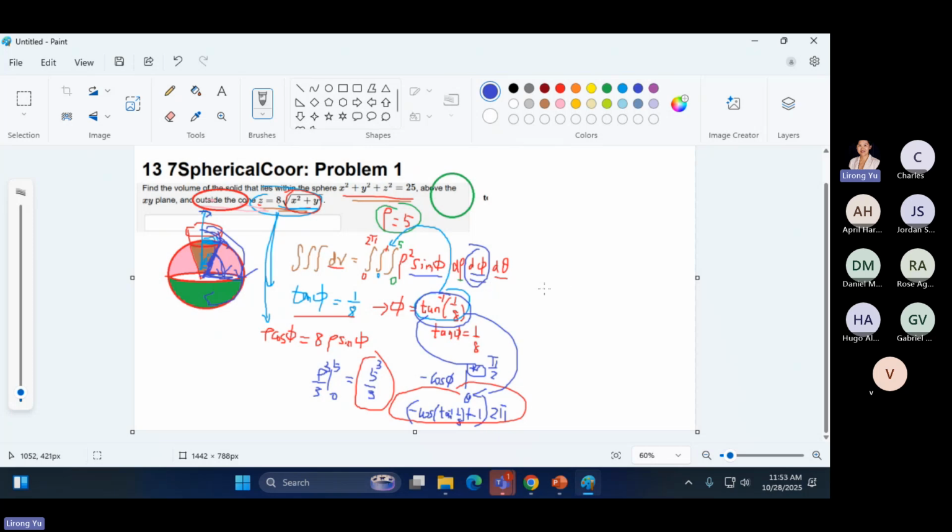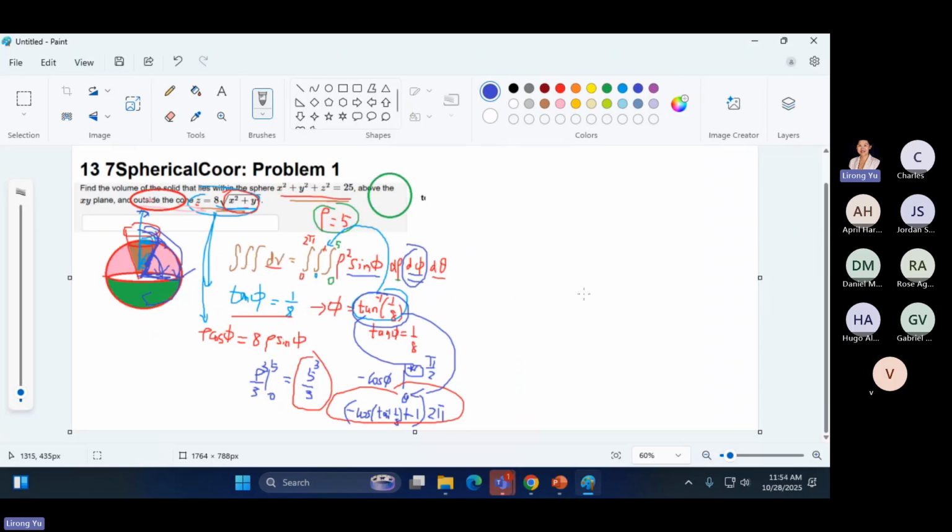If I fix the integration limit for phi, we should fix the whole calculation. So we can calculate this: the 5 cubed over 3 is the integration for rho, which doesn't change. The theta will still be 0 to 2 pi, so that will still be 2 pi. The one that we should adjust, to correct my mistake, is the integration limit for phi, which was wrong because the integration region is above the xy plane but outside the cone.